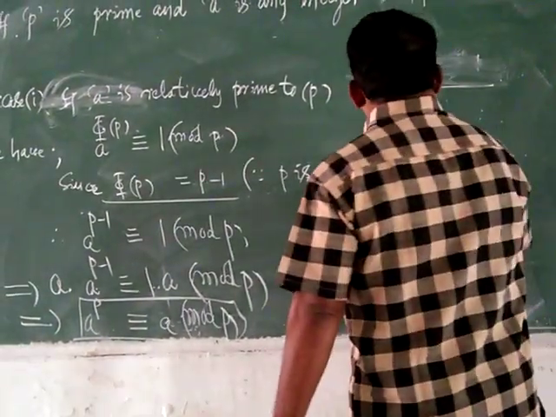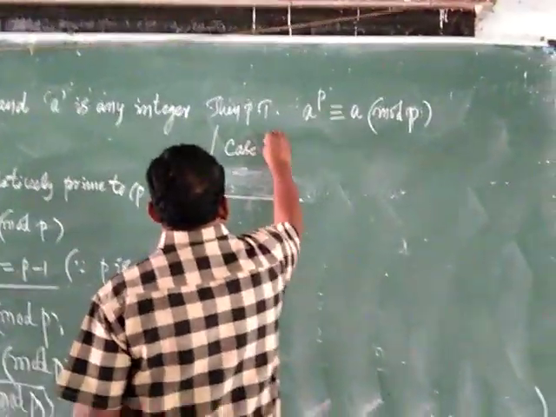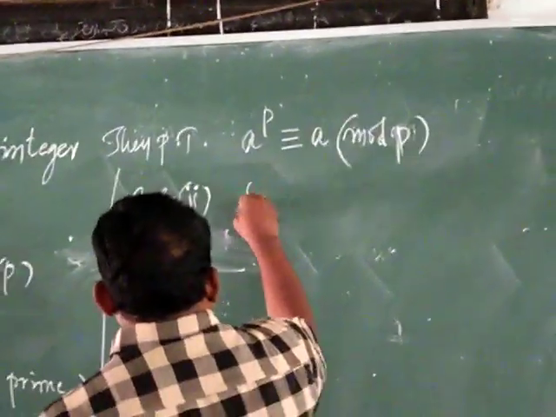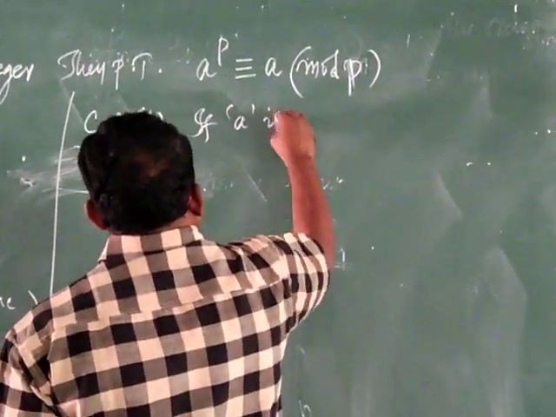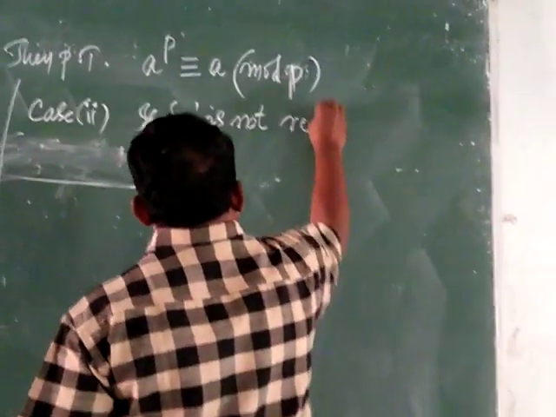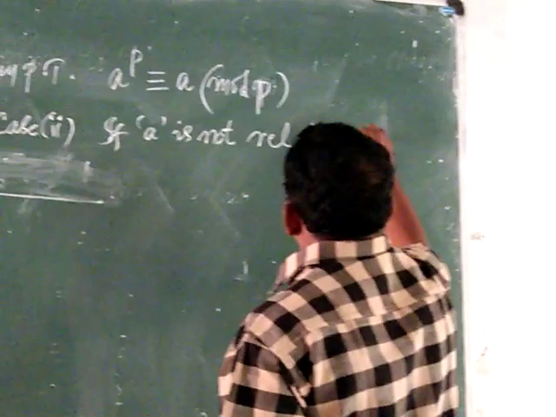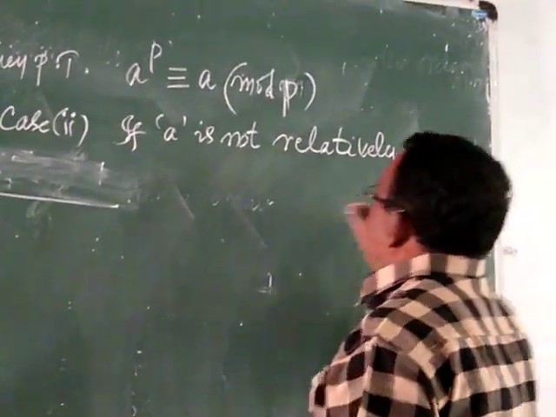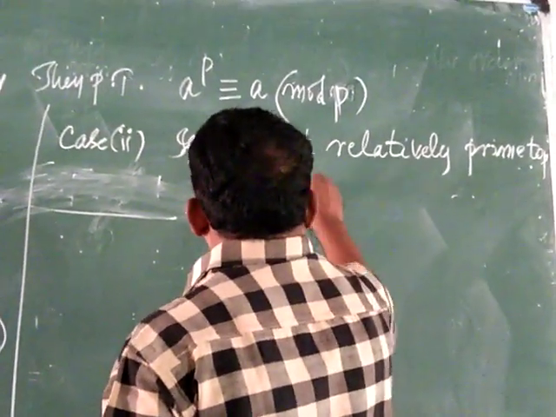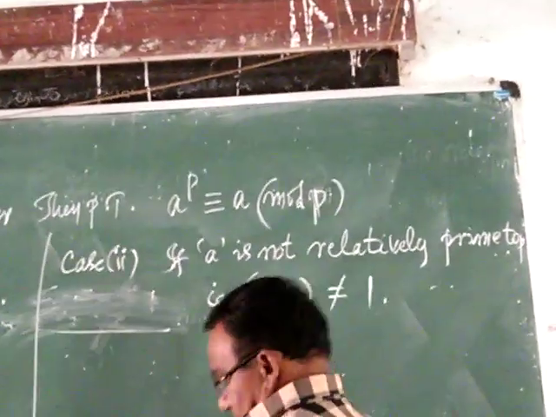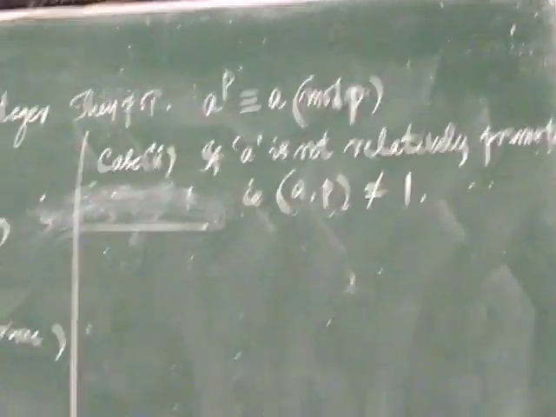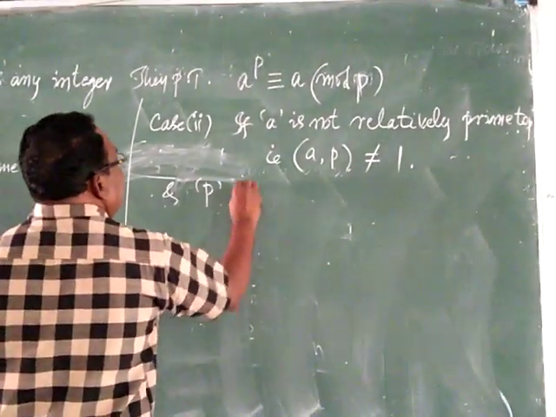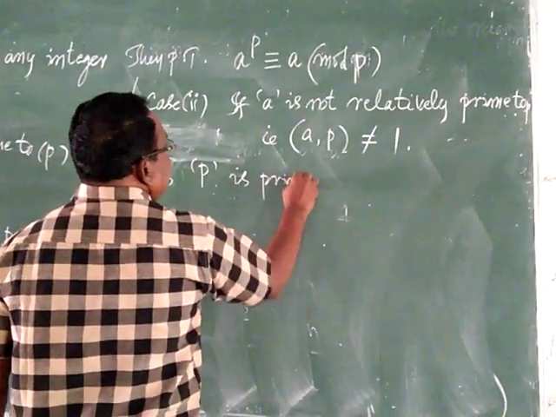Next, let's go to case 2 here. Case 2, where A is not relatively prime to P. That is, the greatest common divisor between A and P is not equal to 1, and P is prime.